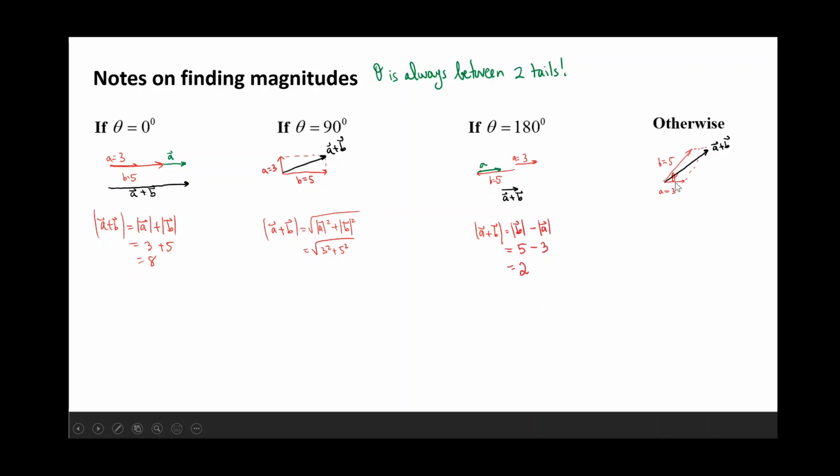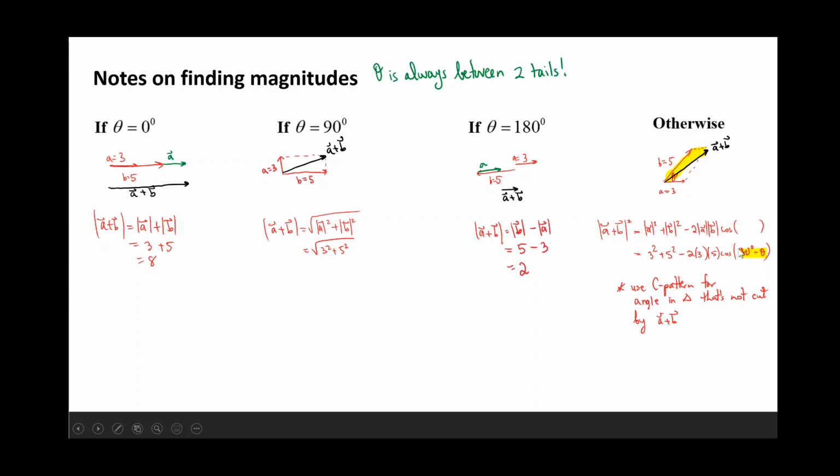So here's my suggestion: you can set up the cosine law, but instead of putting theta here, think of the C pattern over here. This up, over, creates a C, and we know that those angles are supplementary. So whatever theta is, 180 minus theta will be the angle in this yellow triangle, and that you could use inside of this cosine law.